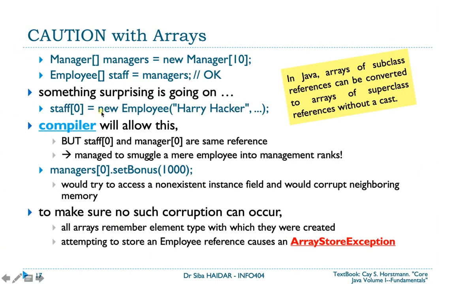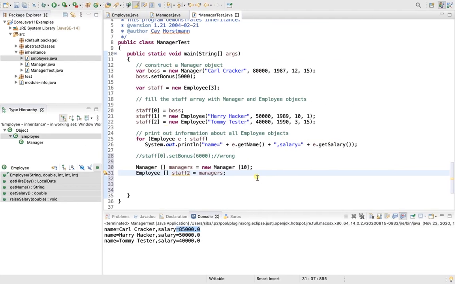And then what did we say? We say staff of 0 equals new employee, and so on. Let's copy this.